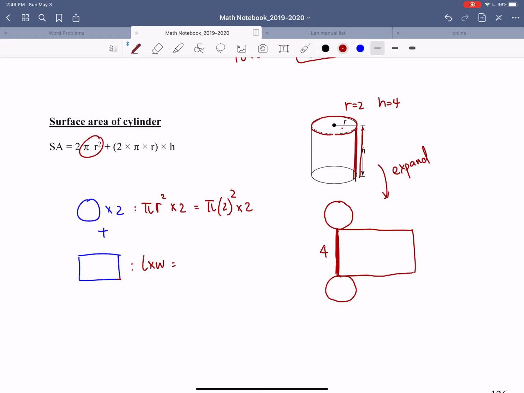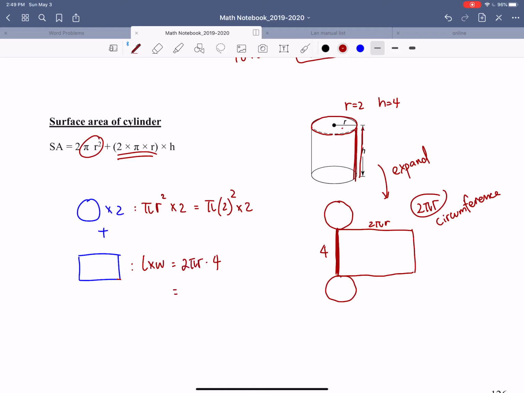Circumference is 2 pi r. So it gives you 2 pi r times 4.